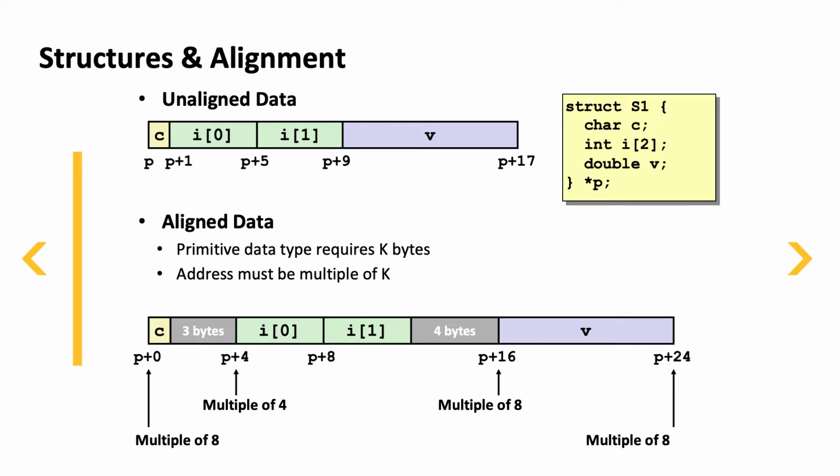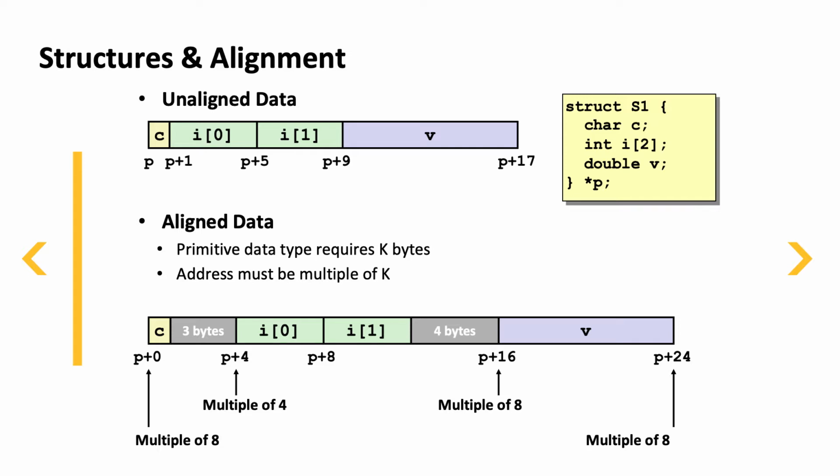That has to start at a multiple of 8. So we're actually going to end up with 4 bytes of wasted space between the 2 integers and the double. And that's no good, right? I mean, memory is a finite thing. We don't have infinite amounts of memory, so we want to use it as efficiently as possible. And we're wasting 7 bytes in this example right here.